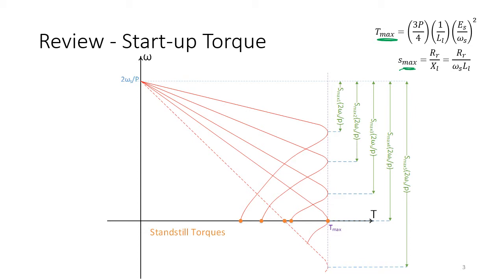If we have a wound type rotor, in which RR can be increased. So the solution we are going to discuss cannot be applied to cage motors, because in cage motors you don't have any access to the rotor circuits. You cannot go and increase the rotor resistance in any way.